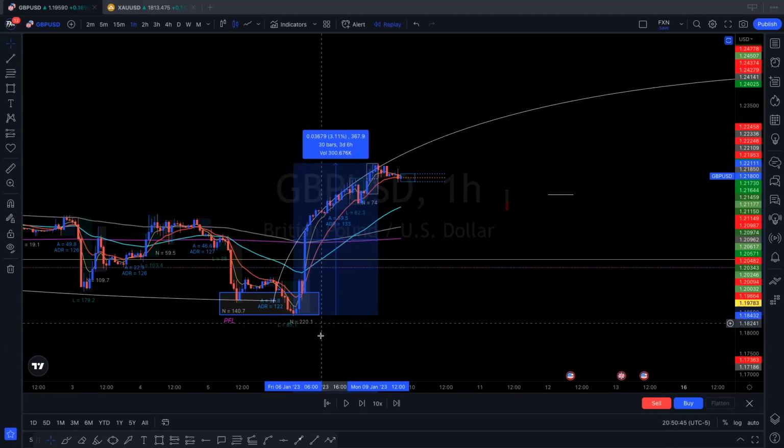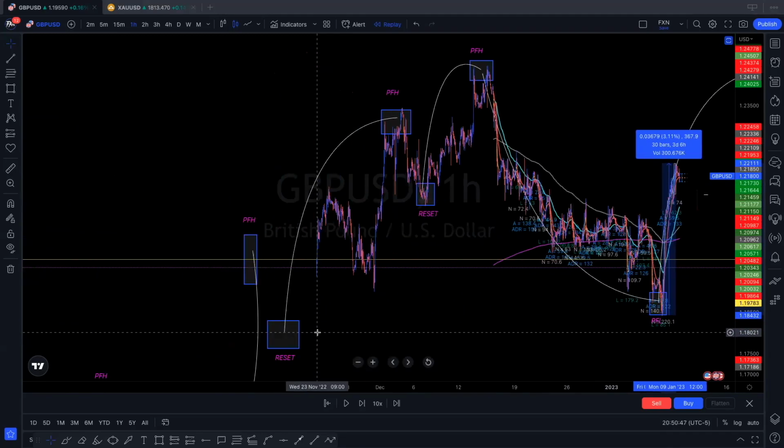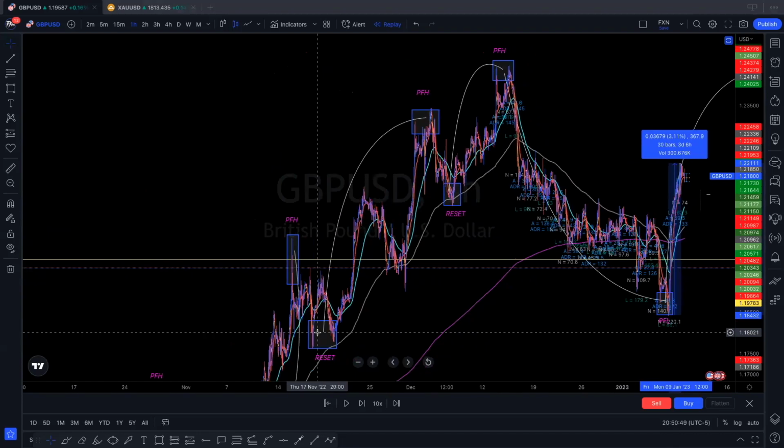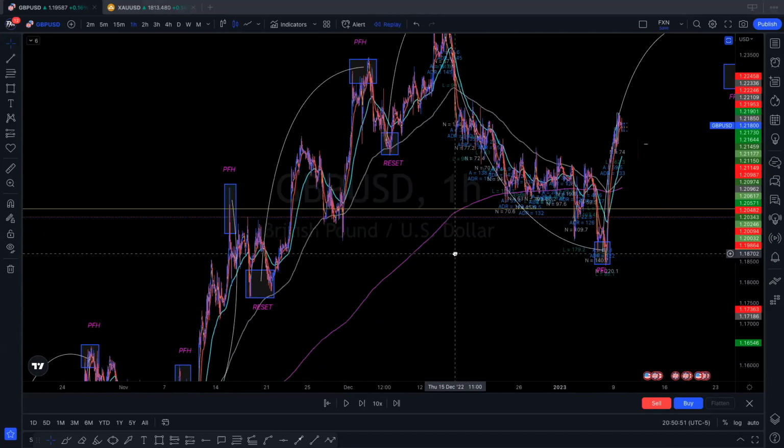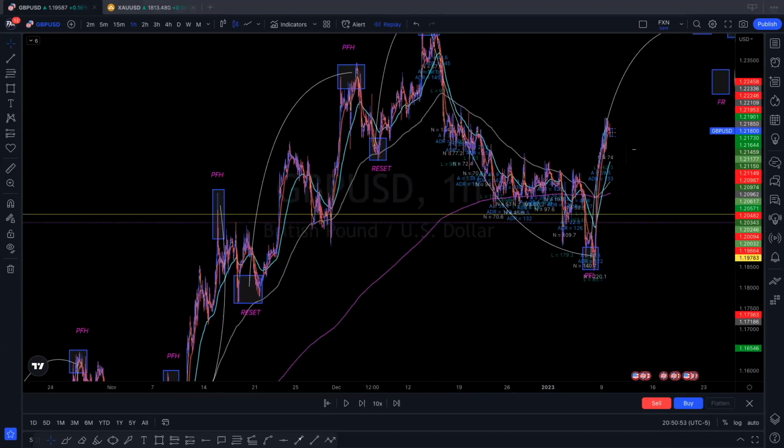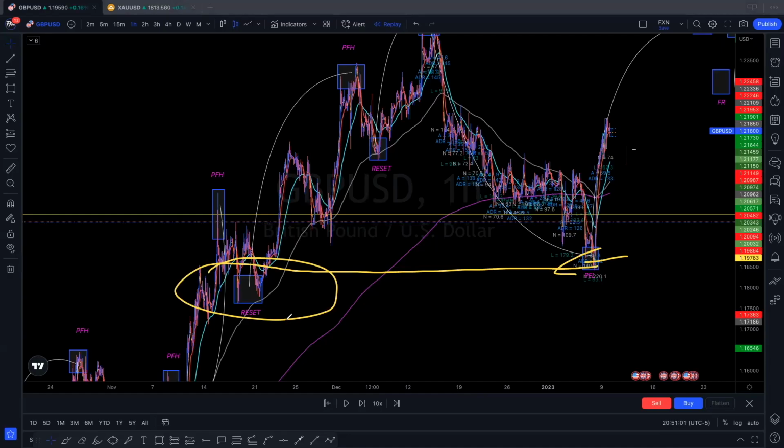So all of the rules have matched for this. You've gone between 2.5 to 4 times ADR. If you look to the left, there's structure right here. There's the crossover right here. And from here to here is well over 1 times its own ADR.